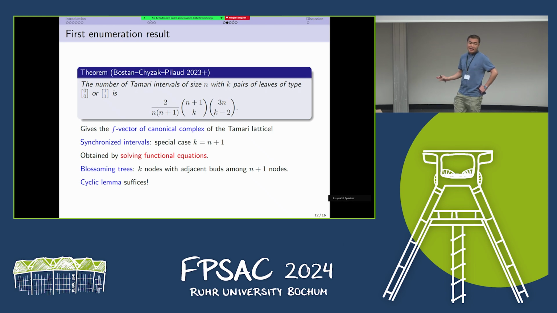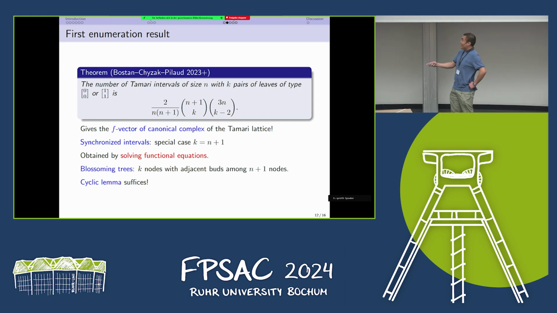So this is really nice, but the problem is that the way they obtain it is not so nice, because it involves solving a functional equation and doing more algebraic manipulations. But with our blossoming tree bijection, we can do it quite easily. We first observe that the factor in the middle has a very nice interpretation, meaning that we are picking k nodes among n plus 1 so that they will be of type 0, 0 or 1, 1.